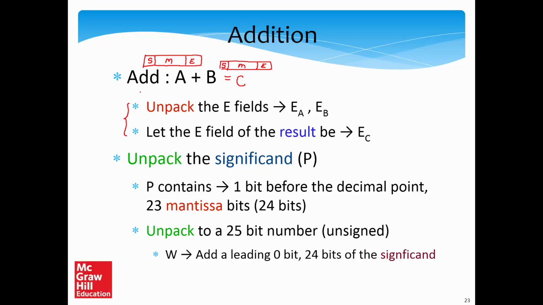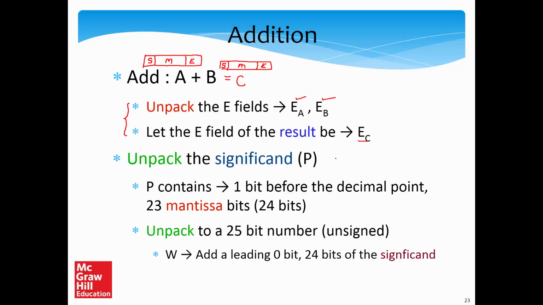So let's do one thing. Let's unpack the E fields, and unpack meaning let's extract them. Let's call the E field of A as EA and the E field of B as EB, and let the E field of the result be EC. Similarly, let's unpack the significand.